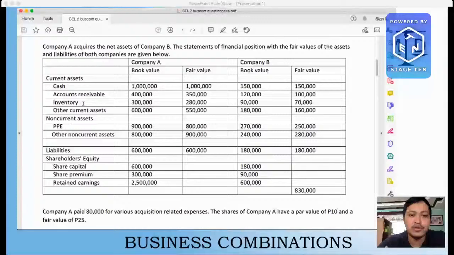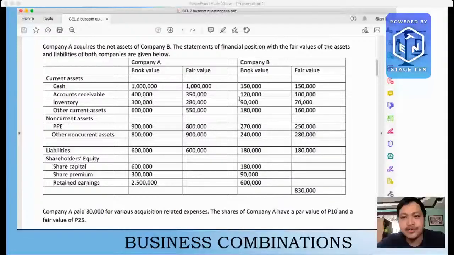Now, how to answer combined amounts, class? Focus first on Company B. As I've told you, the only valuation that is relevant for Company B, since Company A is our acquirer, is the fair value. If possible, class, after seeing the problem in your text, cross out already the amounts under the book value.